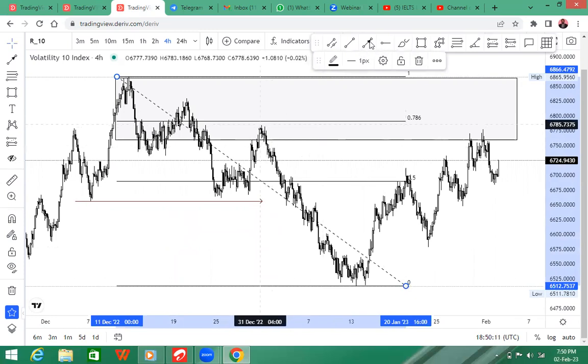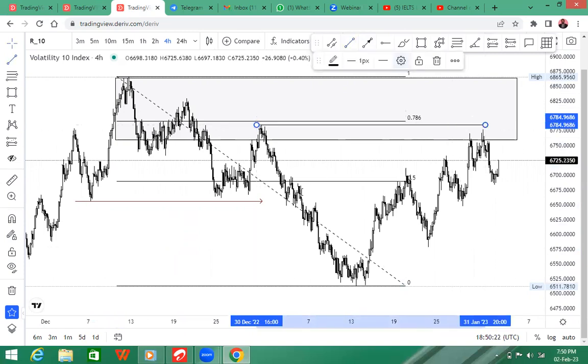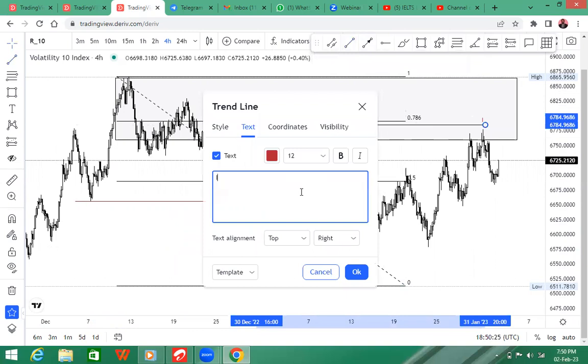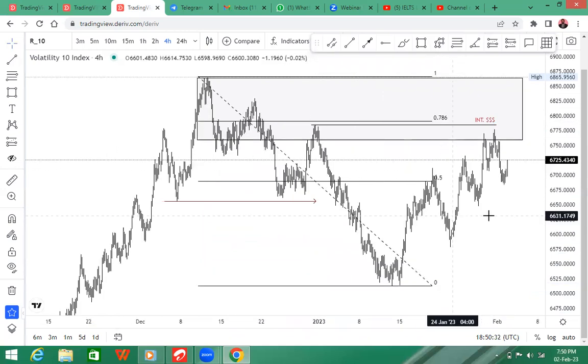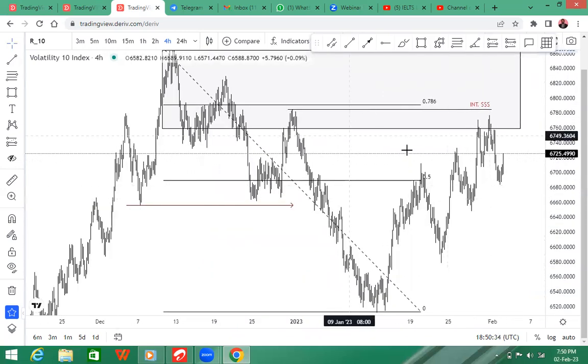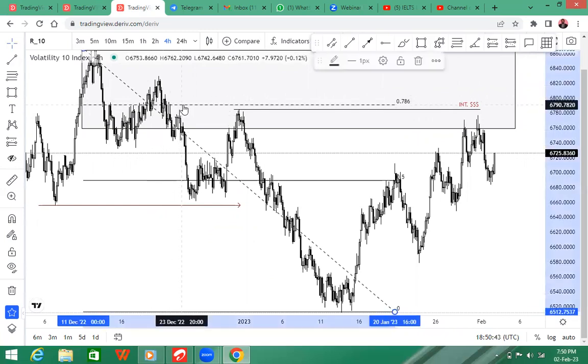So to me, I take this as my internal liquidity. I want price to come and trade into all of this, maybe 78.6. And then there should be a play around here that price is coming to. This is what I'm looking at.